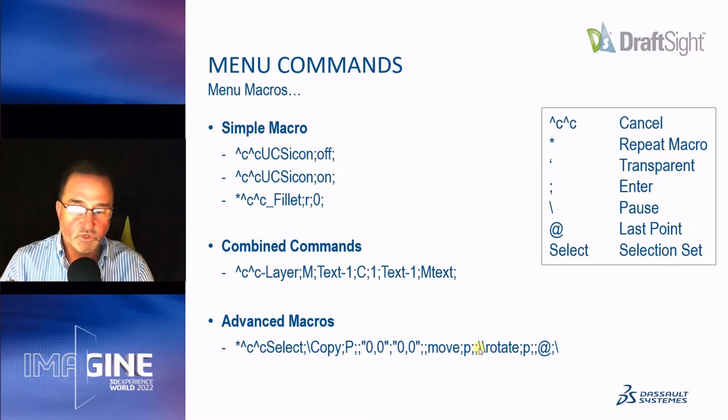And then the rotation point is going to be at the last point we selected during the move command. So we're using that at, and then we hit enter. And then we need to pause to put in the rotation angle for that final rotation. So basically we have a copy rotate command that's been put together into a single string, into a single macro.